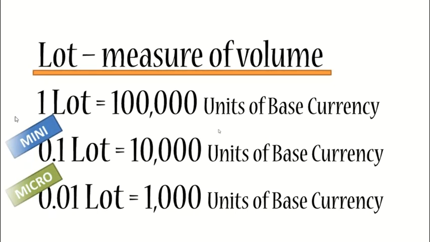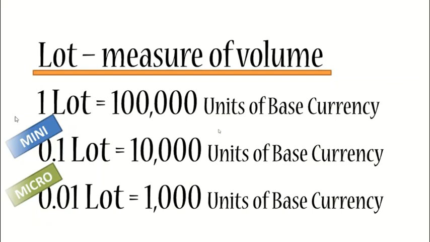So for example, if you're creating an account with a broker, they're going to ask you about leverage. They're going to ask you if you want a standard, a mini, or a micro account.